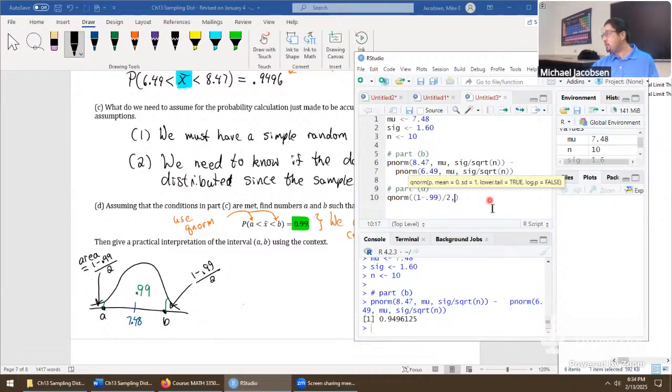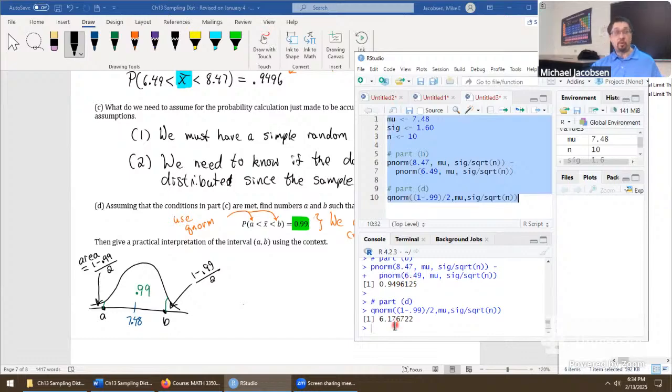We still pass the original parameters like we did over here, mu and sigma divided by square root of n. First number that comes out, 6.17, and that would be the A value for this interval so far.